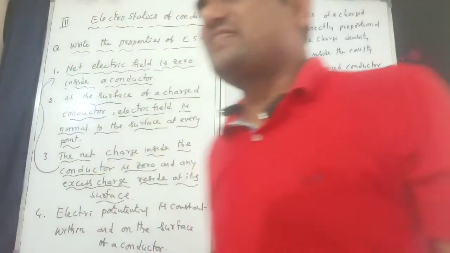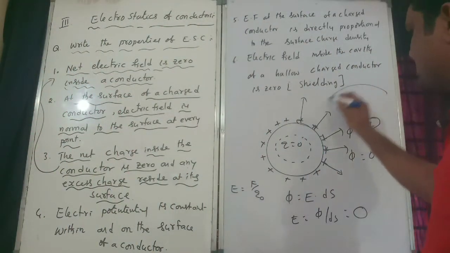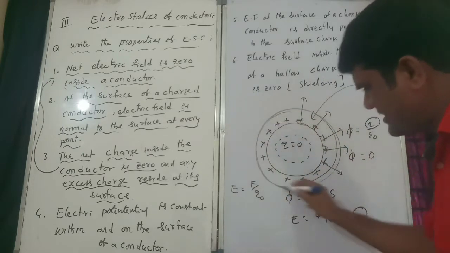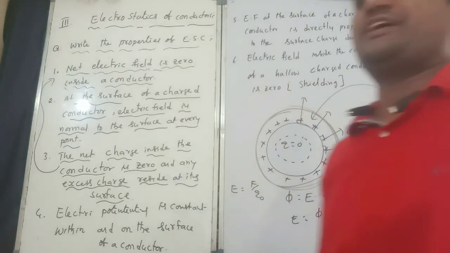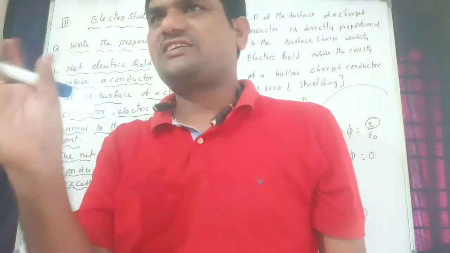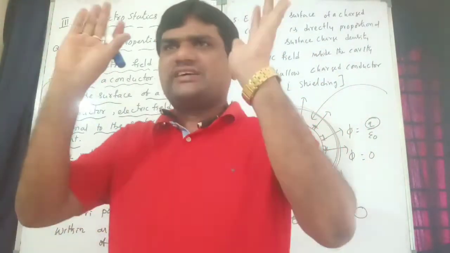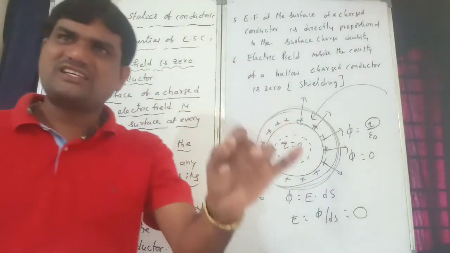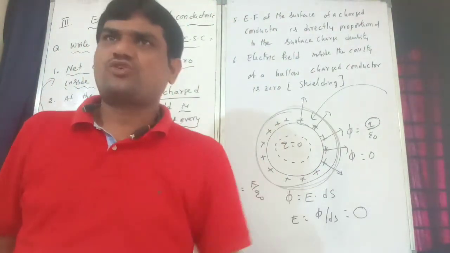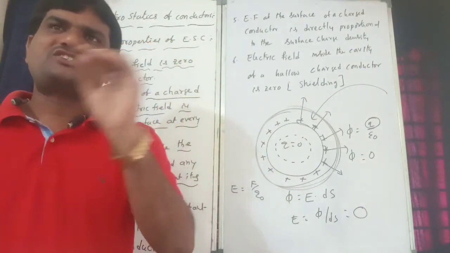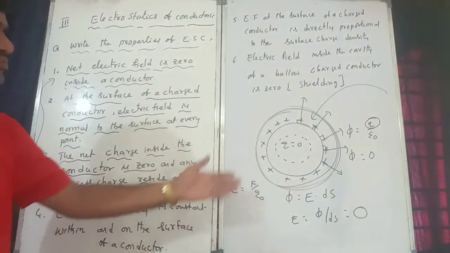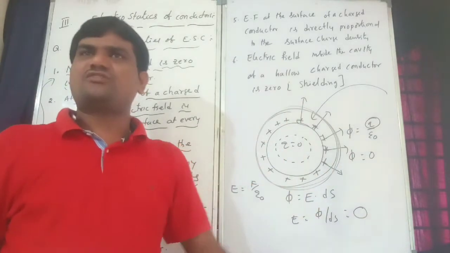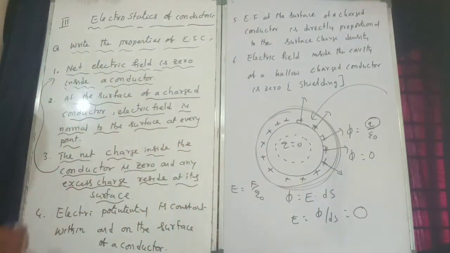For example, if I give excess charge, the charge can exist only on the surface of the material, but inside the charge cannot exist. The extra charge cannot move inside. Inside, the net field is equal to 0. Alright. Next, fourth point.